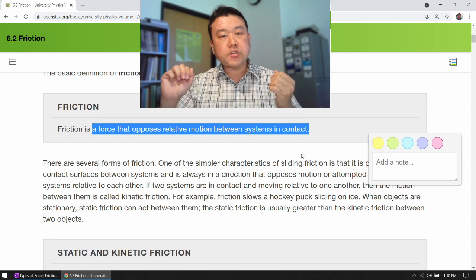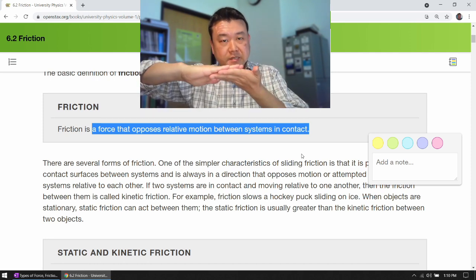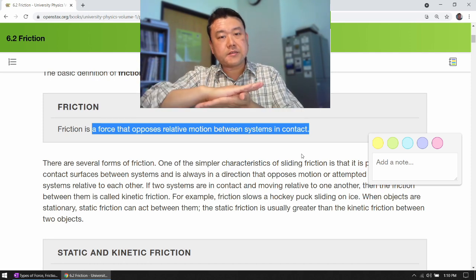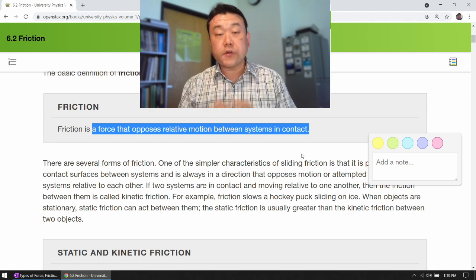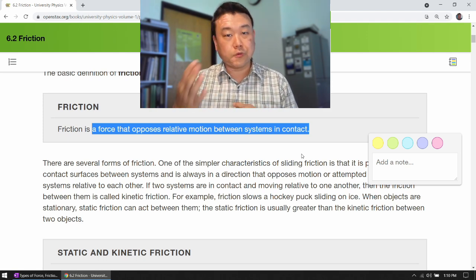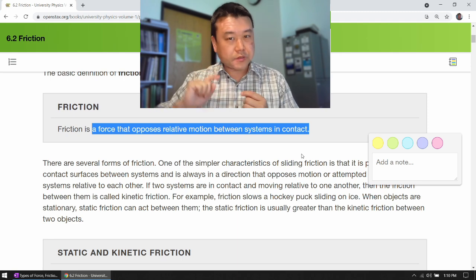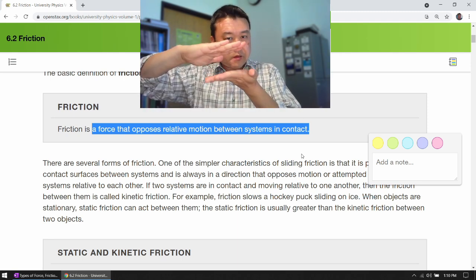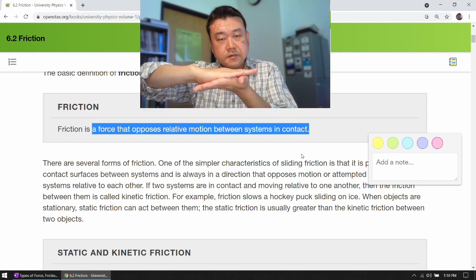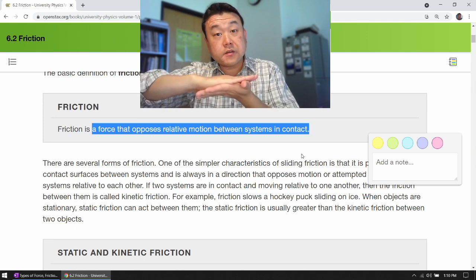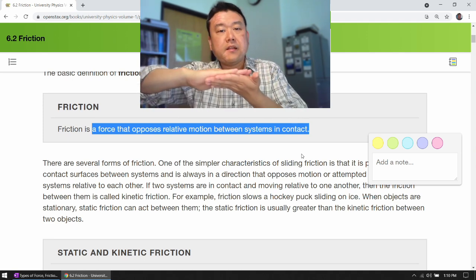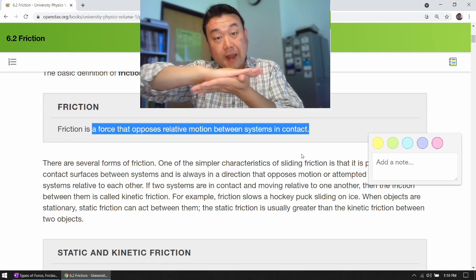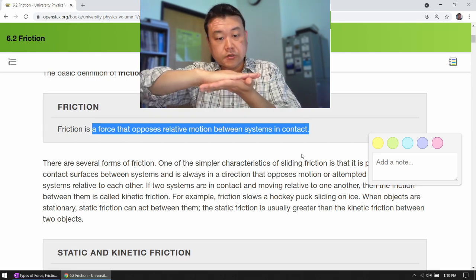And I say friction is a force that prevents sliding between two surfaces, because there are certain situations where friction force will allow motion to occur. And even in those circumstances, if you look at the contact between the surfaces, you will see what the friction does is it prevents the sliding from occurring, or at least it makes the sliding occur less than it would be without the friction.